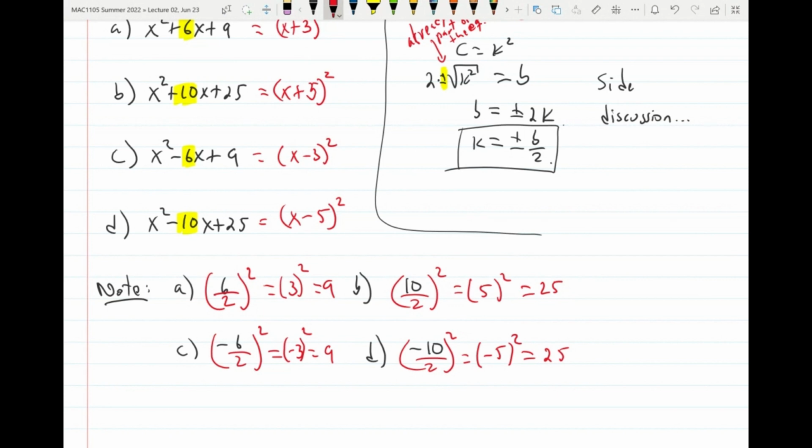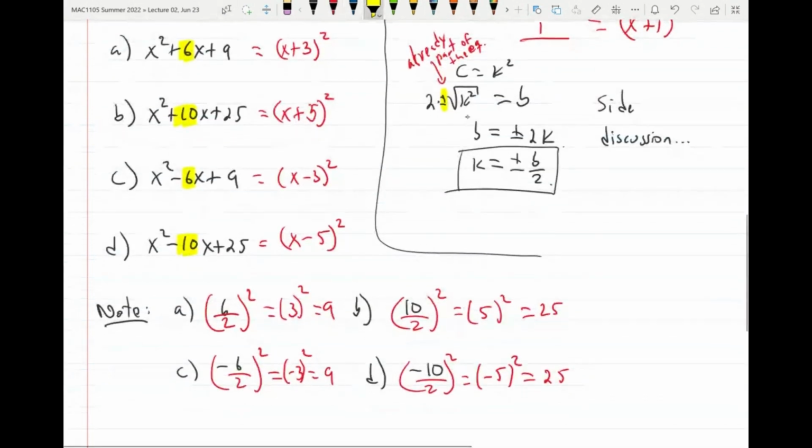So I want you to pay attention to this. When you factor, the number that you put here is exactly this guy. So b divided by 2, okay? The number that you put here is this one. The number that you put here, including the minus, is this one. And this one. In other words, when you factor, b divided by 2 is what goes in here.